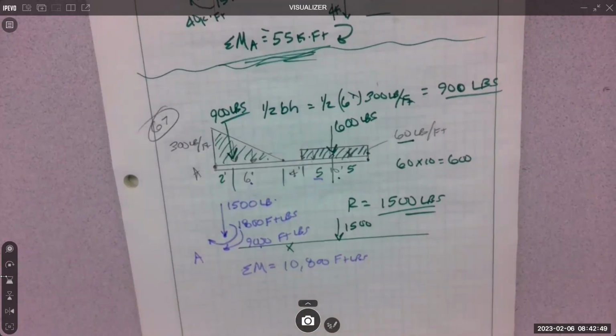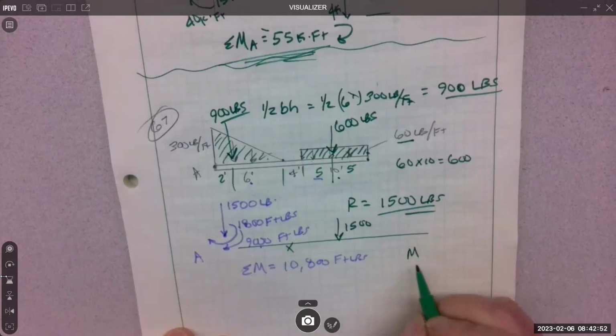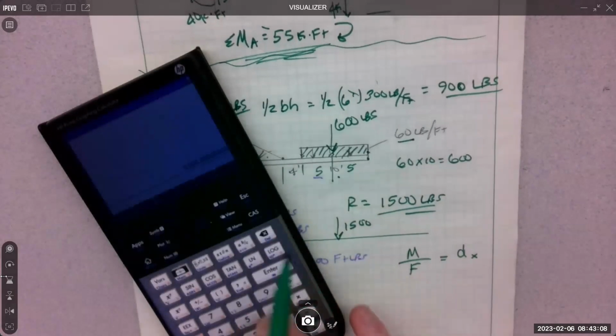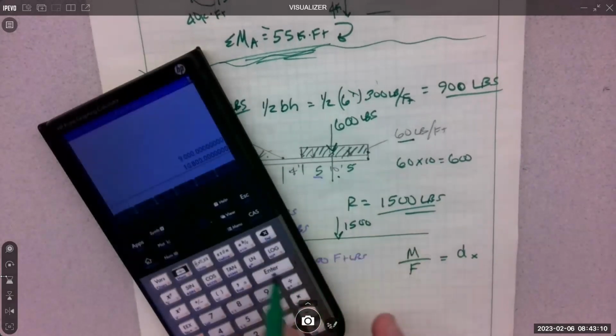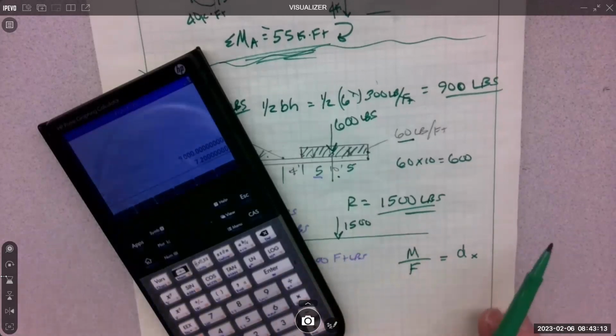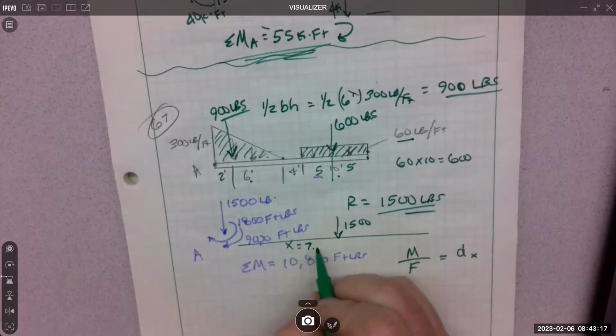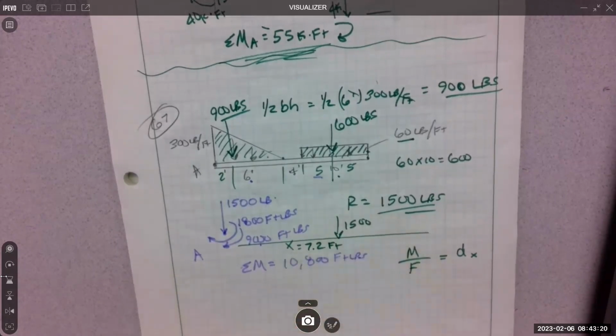So that's where we take the moment and divide by a force to get the distance in the X. So moment is 10,800. Force is 1,500. 7.2. Distance to the resultant.